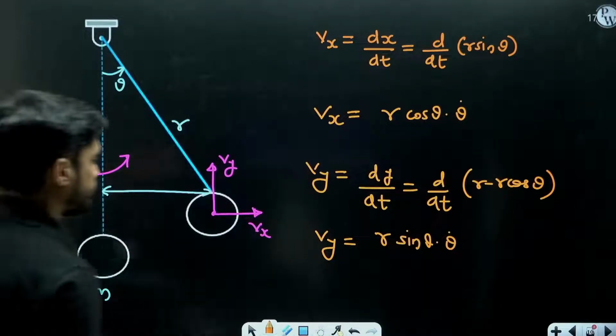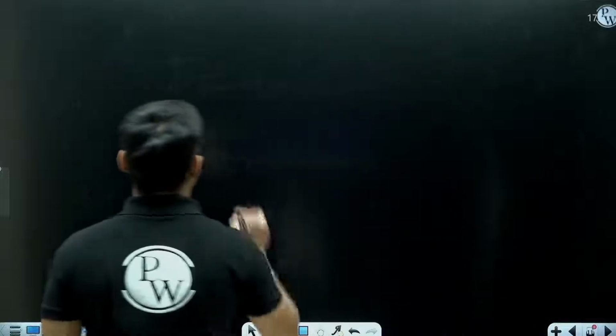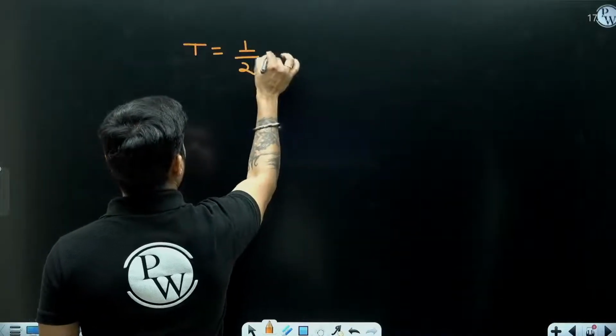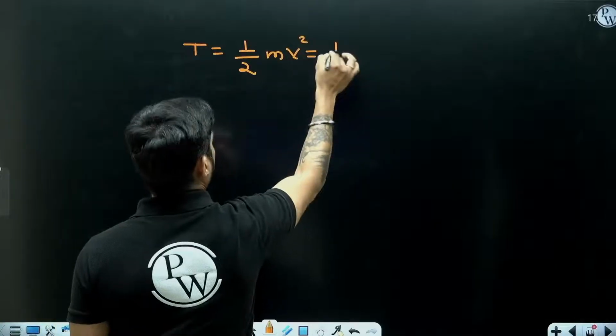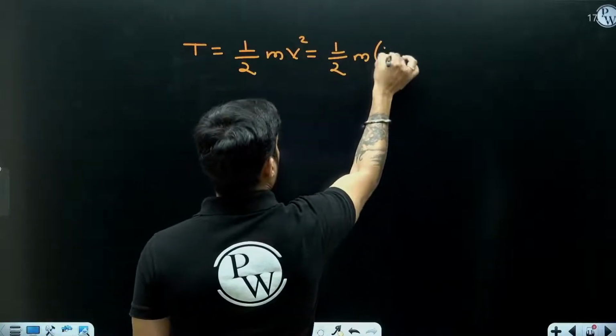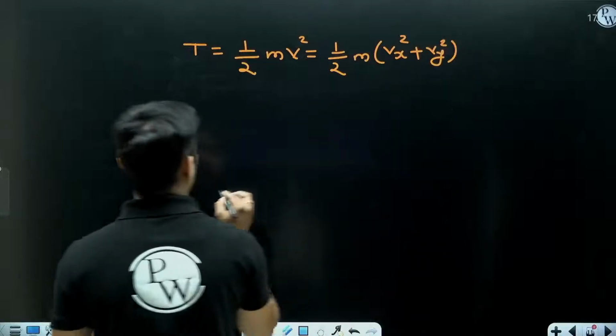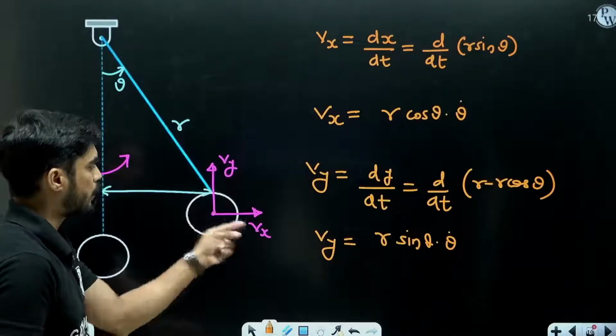Now T will be equal to half m v square, which will be Vx square plus Vy square, right? V has two components, Vx and Vy.